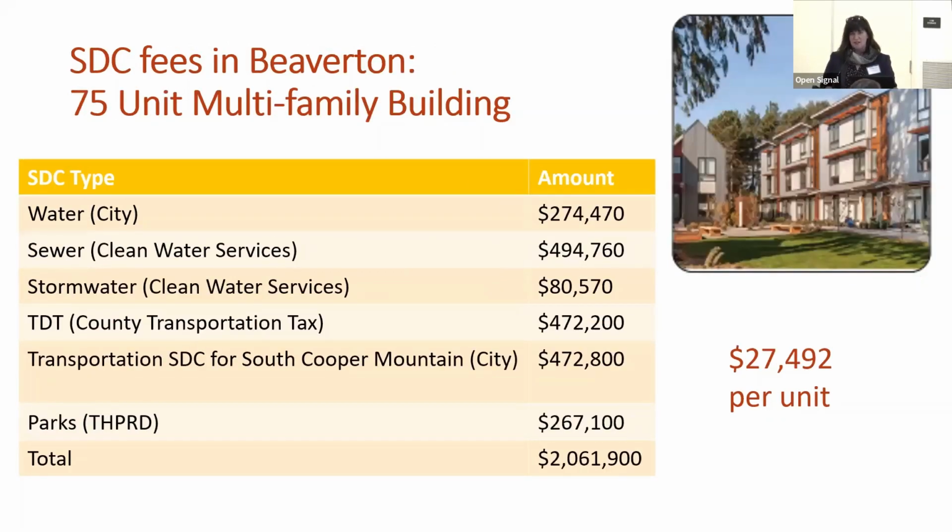Multifamily. This is a 75 unit building. The SDCs, again, it's much higher. We're talking about a bigger building. On a per unit basis though, it's much lower, right? It's 27,000, I mean, it's big, but it's lower than the single family, $27,492 per unit. I thought it was really interesting, the relationship between the proportional share of SDCs for different housing types, that for multifamily, it's that higher share.